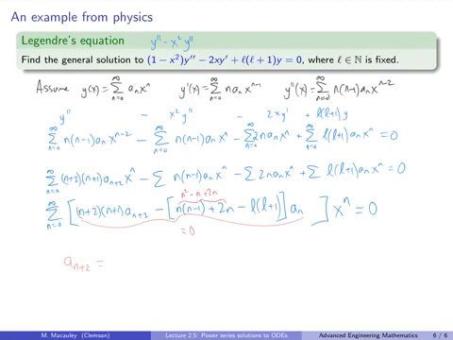And what does that equal? That's n squared minus n, which is n times n minus 1. Oh, that's convenient. We have an n minus 1 and an l times l plus 1. Oh, no, hold on.